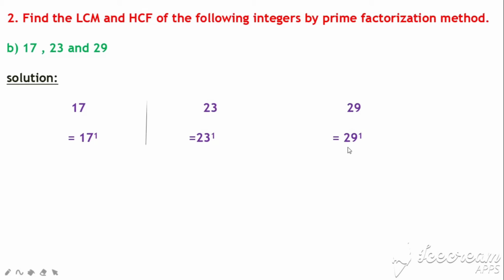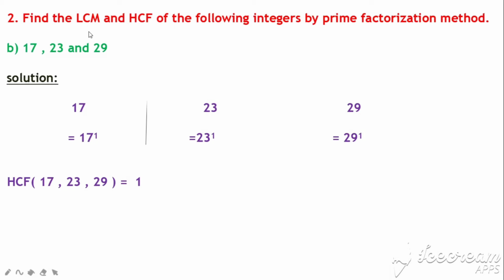Among these three there is no common prime factor, because 17 is not present in the others, and 23 is not present in 17 and 29, and so on. So the only common factor is 1. So the HCF of 17, 23 and 29 is 1.